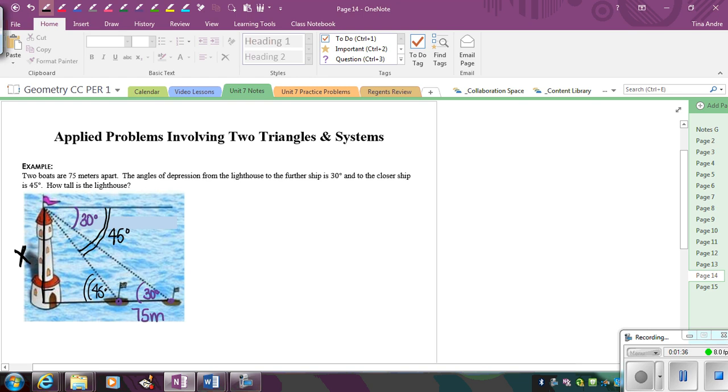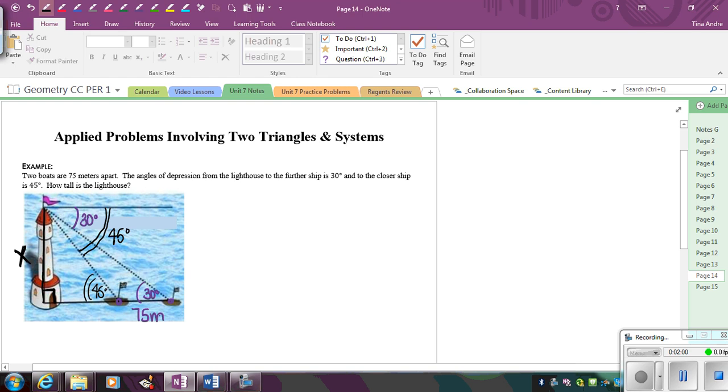That's what I'm trying to find, and that's going to be a right angle. Now the problem is x belongs to this small right triangle, and it also belongs to the big right triangle. It's one of the legs. But the only measurement I have on my triangle so far is the 75, and the 75 doesn't represent an entire side of one of these right triangles.